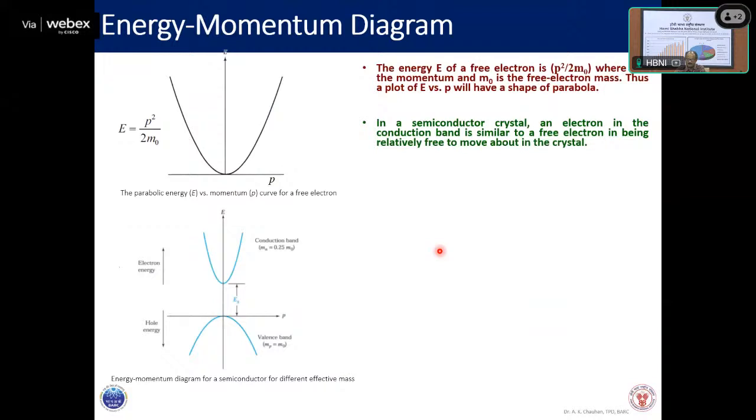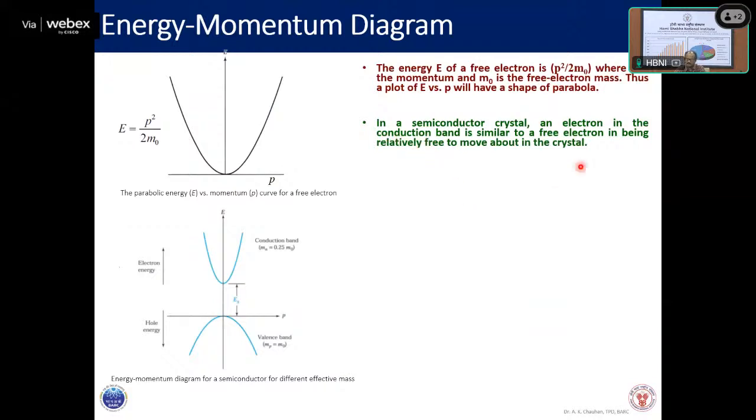However, in a semiconductor crystal, an electron in the conduction band is similar to a free electron, though it is not absolutely free, because it is still inside the conduction band, and it will be free when it goes into the vacuum level. So above the conduction band, there is a vacuum level also. Many times it coincides in many crystals, but in some of them it is slightly above. It depends on which material you are using.